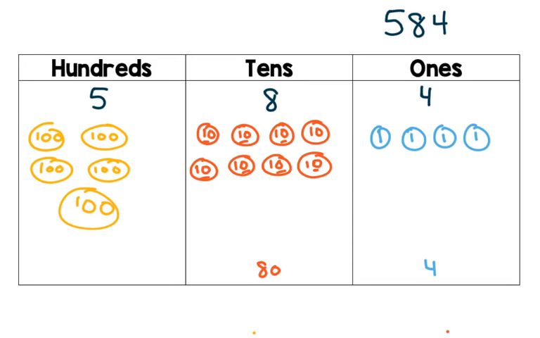Sometimes my pen gets a little persnickety and it doesn't want to work. Now we're going to count up these hundreds and write the value of this 5. So I have 100, 200, 300, 400, and 500. So the value of that 5 in this number is 500. Let's move on to the next slide.